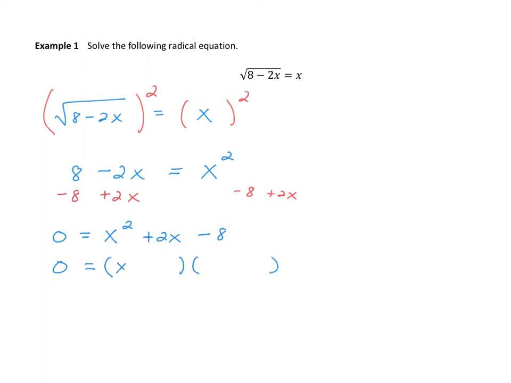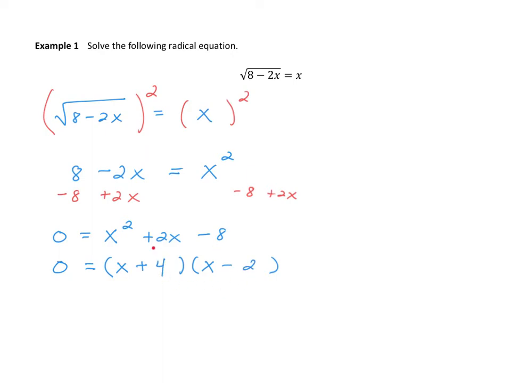I'd have to have an x and an x. The last number is negative. Therefore, I know I need a positive and a negative. I need two numbers that multiply to a negative 8 and add to a positive 2. Just thinking about that a little bit, I believe it's going to be a positive 4 and a negative 2. The product is negative 8.